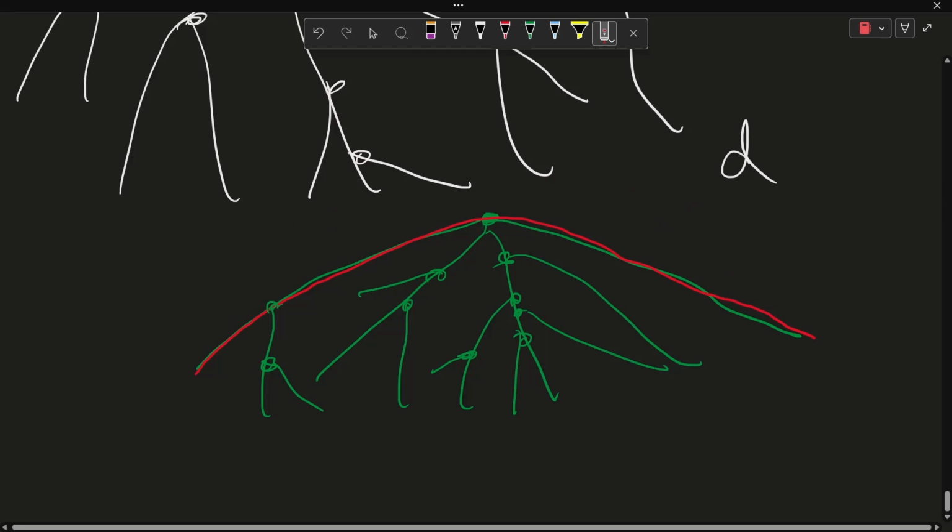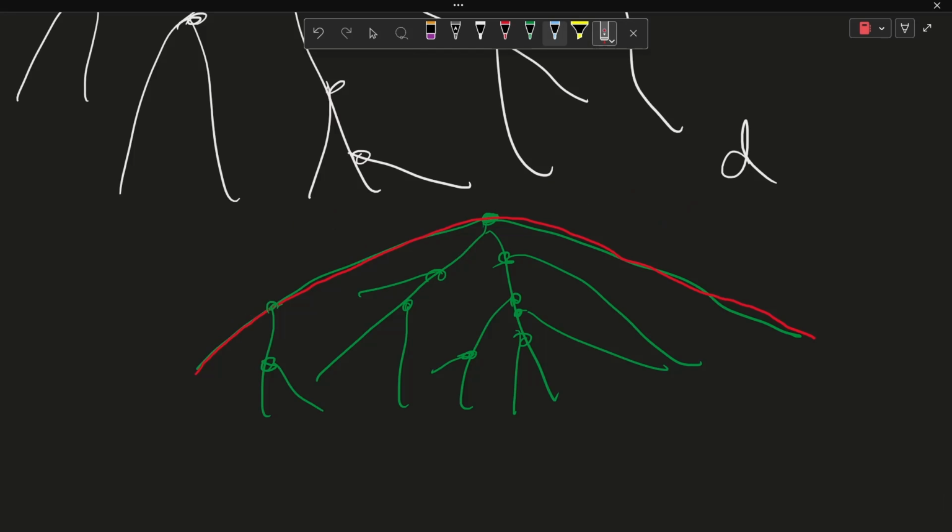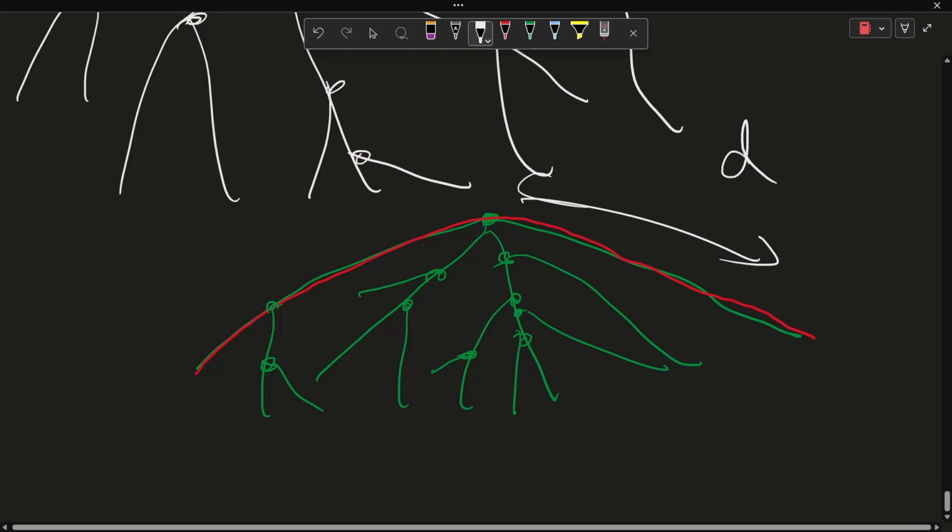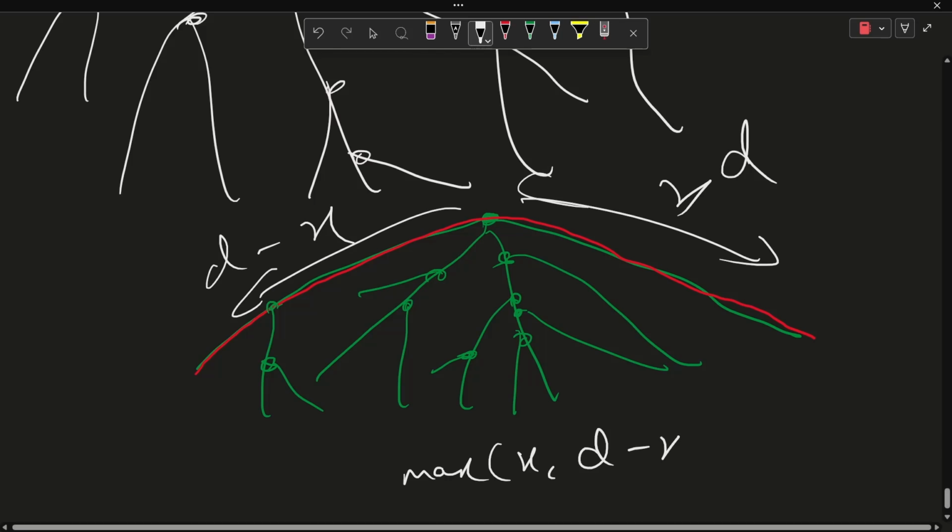So what would the maximum depth be? If this is x and this is d minus x, the maximum depth is the max of x and d minus x, because these are the top two. So the maximum depth is either x or d minus x.